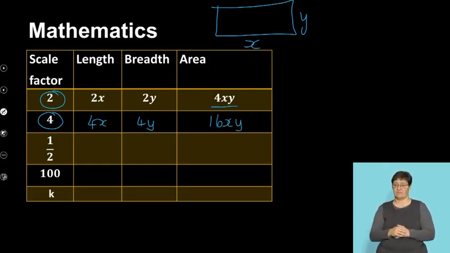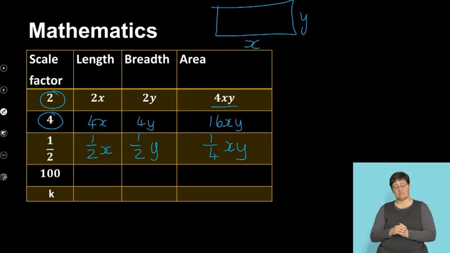16xy. Then for the next one, I'm going to have a half multiplied by my length. So it's going to be a half x because my scale factor is a half. Then it's going to be a half y, which is my breadth, and a half x times a half y is going to give me a quarter xy.